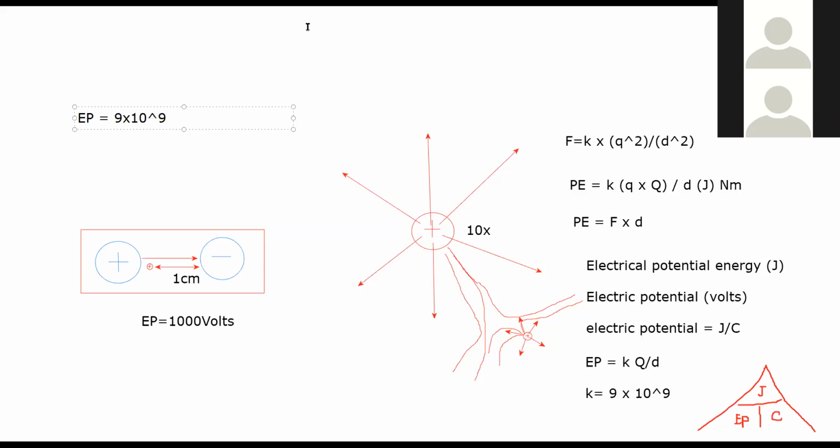Not necessarily. 9 times 10 to the 9 is your Coulomb's constant, and we don't know what the Q value is at the moment. We do know the distance it's going to be traveling, which is 1 centimeter, and since we work in meters here, it's 0.01 meters. I know my voltage is 1,000, so can I work out what the charge is? Your charge is Q.